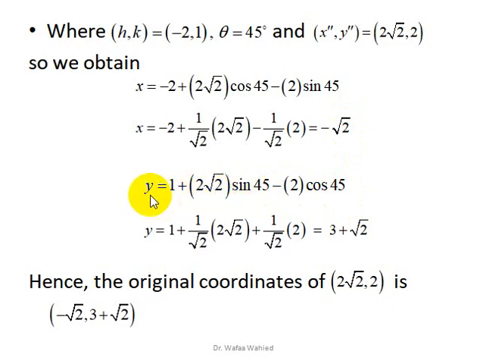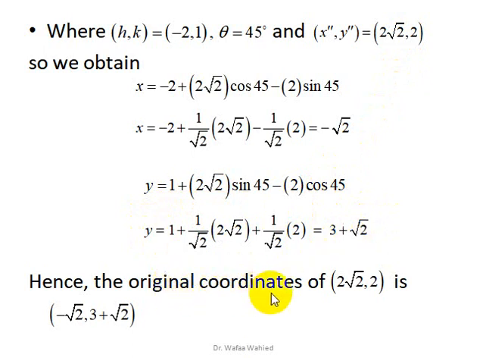Second, we will have y equal to k, that is 1, plus x double dash sine 45 degrees, which is 2 square root of 2, plus y double dash, that is 2, cosine 45 degrees. So we will have y equal to 3 plus square root of 2.